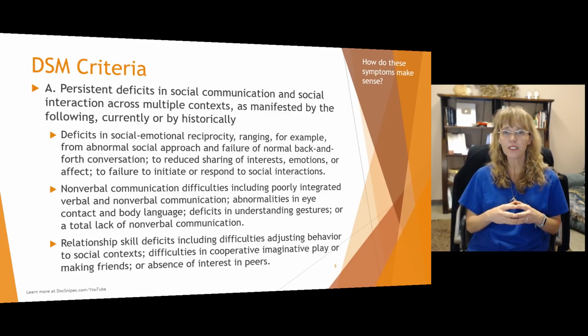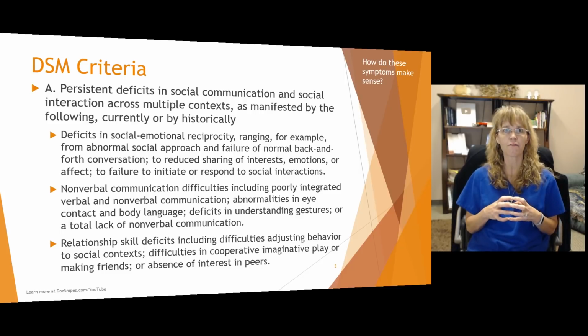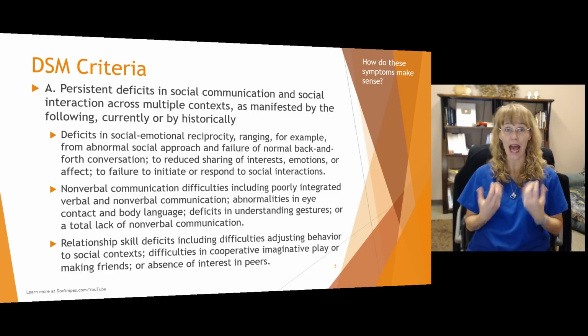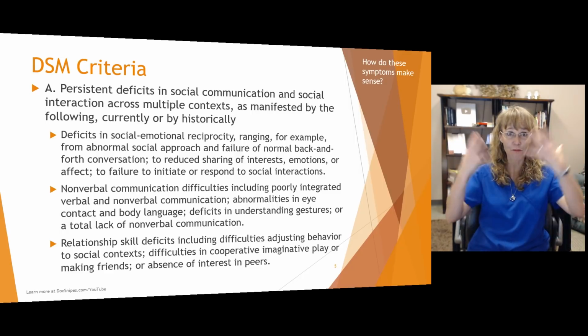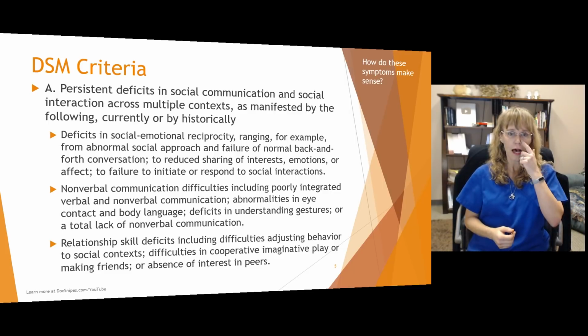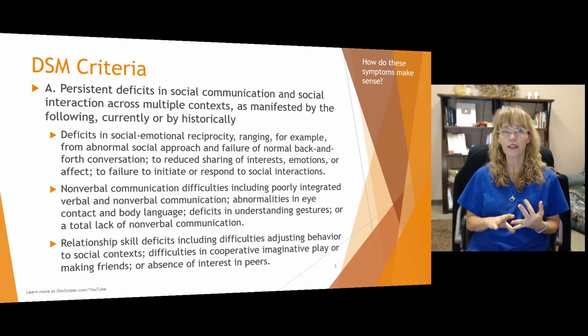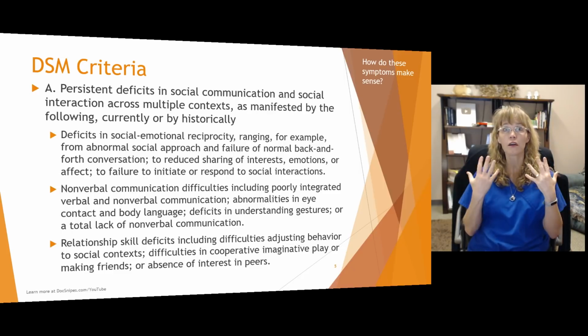They may have nonverbal communication difficulties, including poorly integrated verbal and nonverbal communication. So they may be talking about something that makes them very happy, but really not have much of a facial expression. Abnormalities in eye contact and body language. A lot of people with autism spectrum disorder have difficulty with prolonged eye contact.